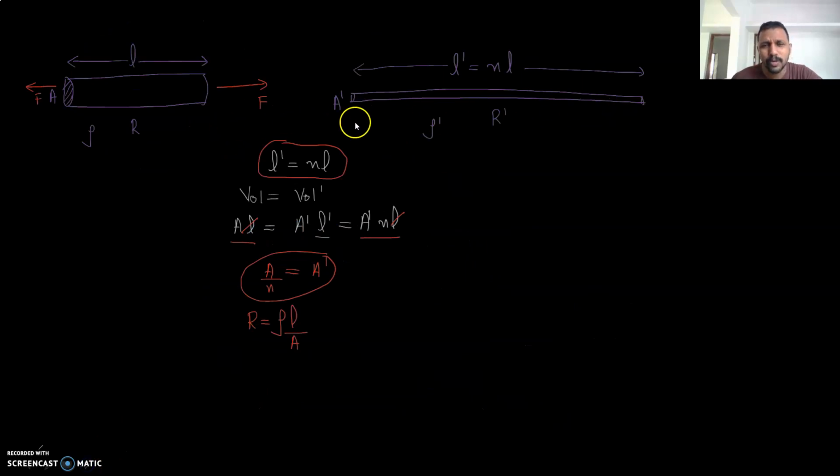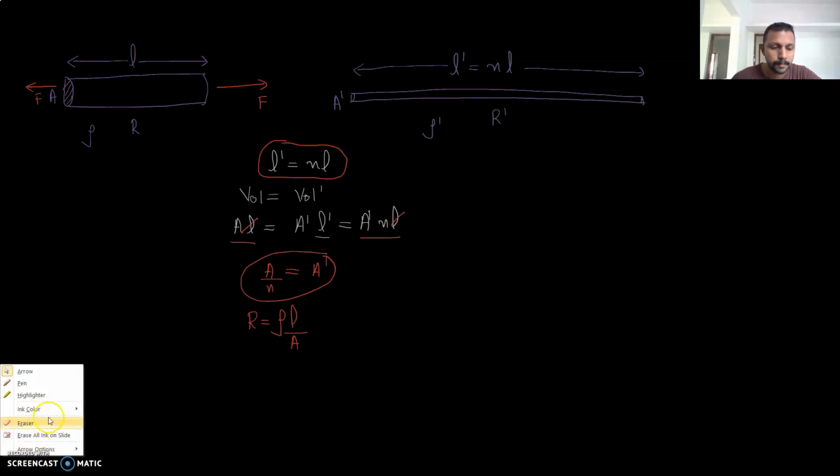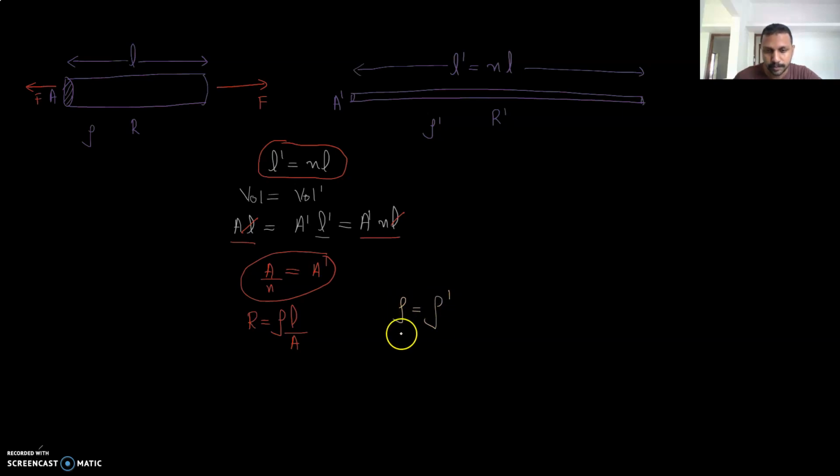Therefore, if we are pulling the conductor, then nature of material will not change. And let's assume that the temperature is also not changing. Therefore, resistivity will not change. Resistivity will not change means I could clearly say rho equal to rho dash.